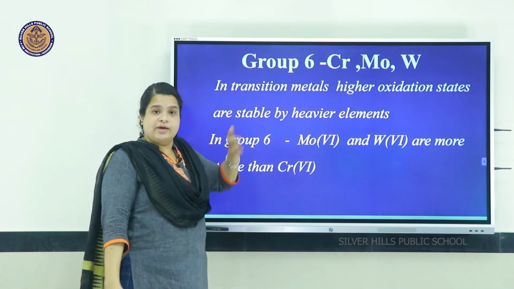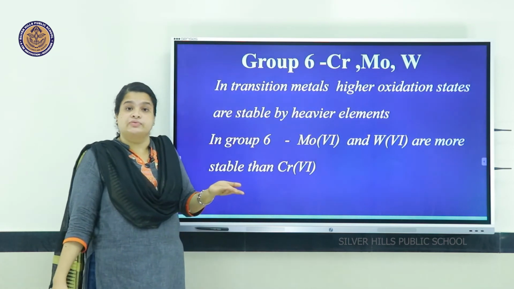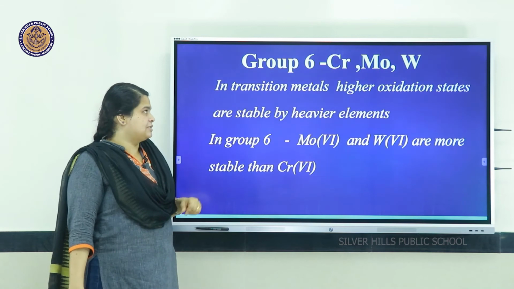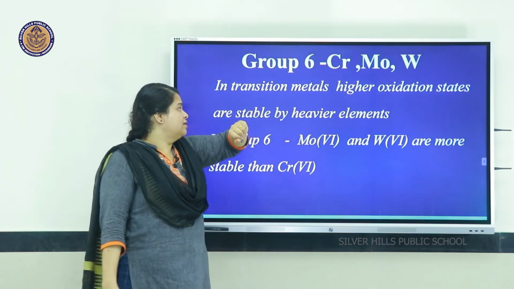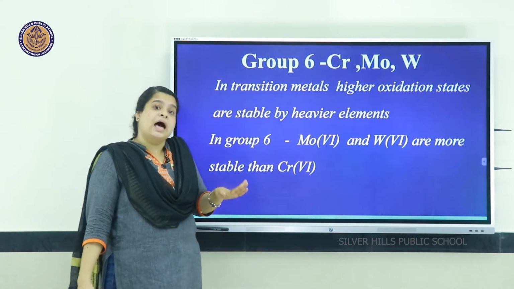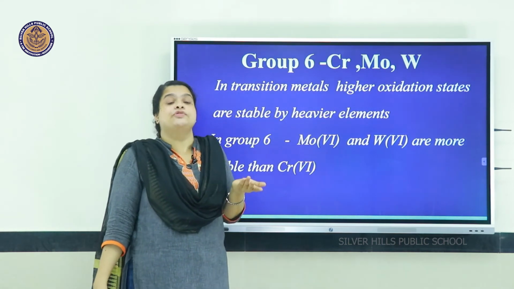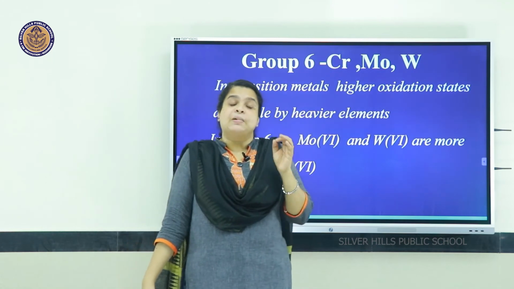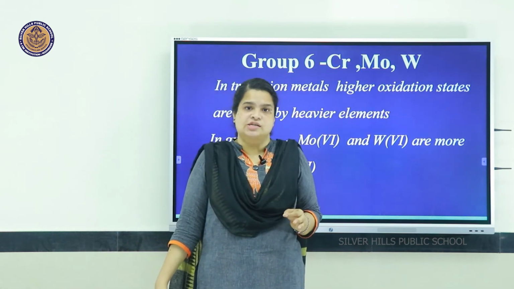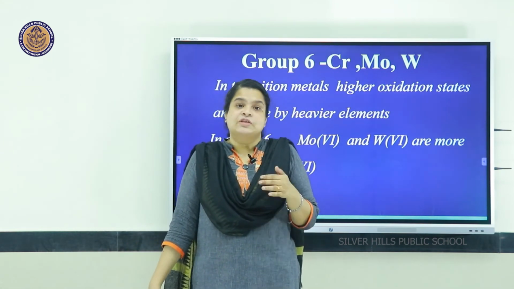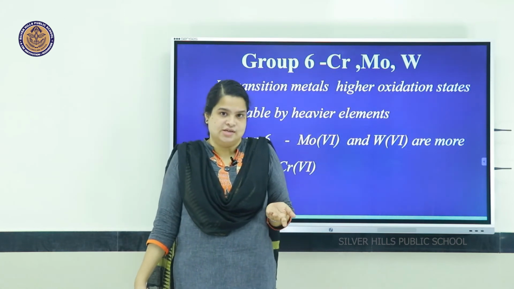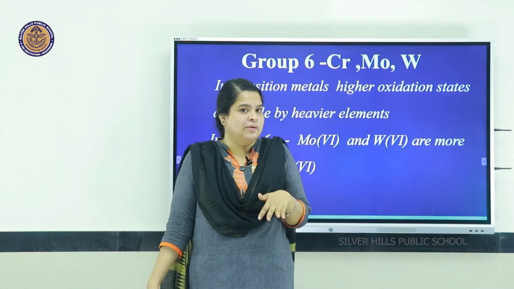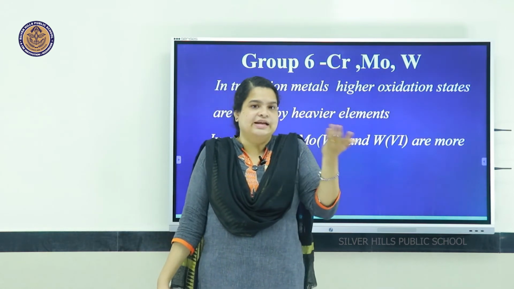Now another thing I explained, just the opposite of the inert pair effect, is group 6. In group 6 you have chromium, molybdenum, tungsten. When you come down, what happens to the stability of the oxidation state? +6 is a stable oxidation state for molybdenum and tungsten. This is because heavier elements will have higher oxidation states. But in the case of chromium, it's slightly different. It's a lighter element.